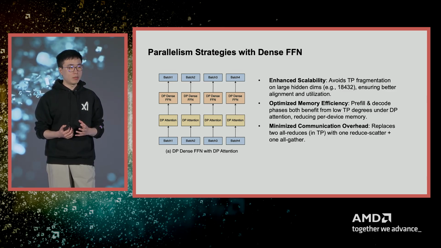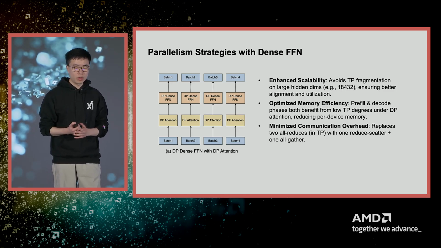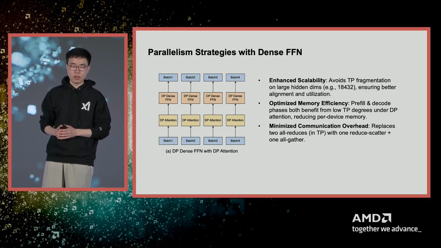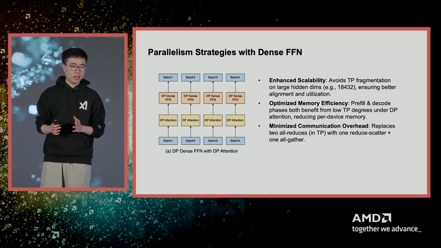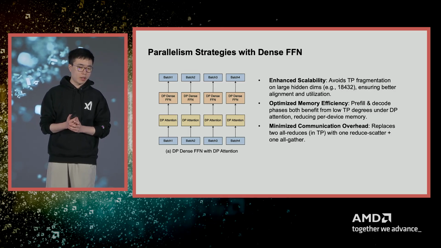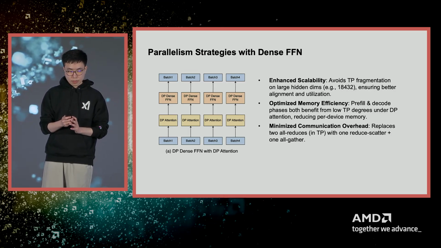If you do data parallelism, you can avoid this buffer. Tensor parallelism also incurs more communication: it requires 2 all-reduces, but for data parallelism, you only need 1 reduce-scatter and 1 all-gather. All these reasons together, we pick data parallelism for the first 3 layers.